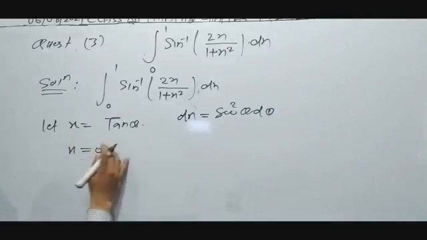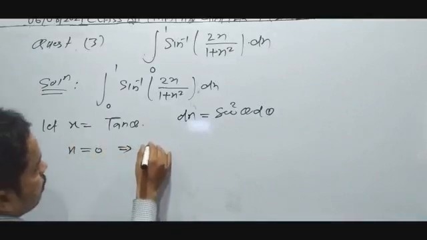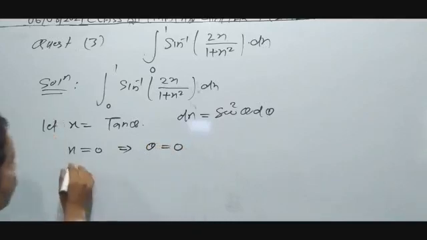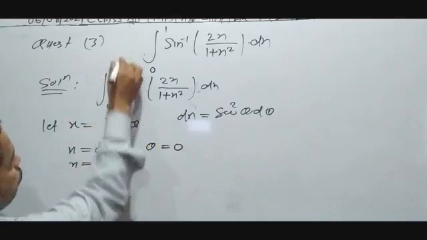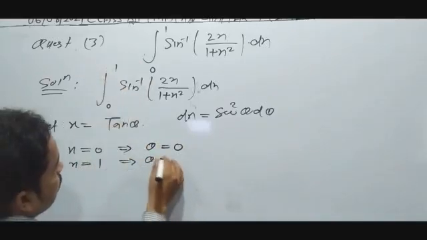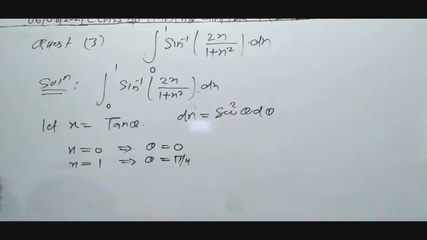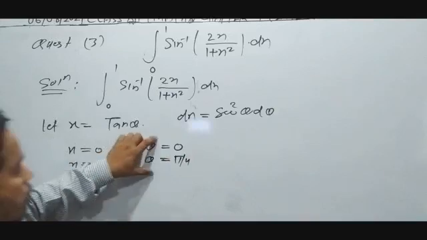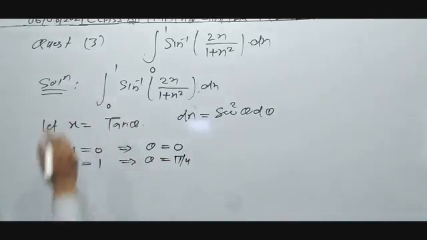When x is equal to 0, theta will be equal to 0, and when x is equal to 1, theta will be equal to pi by 4. So this is the limit we have changed in terms of theta.